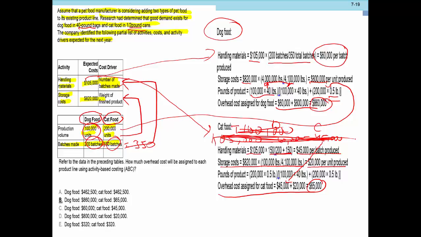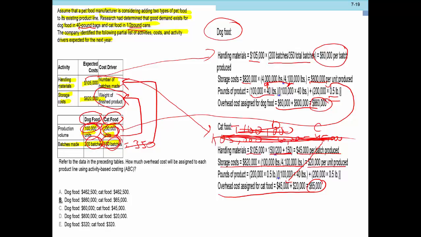Why are we looking for the pounds of product? Because we use the number the problem told us, because we are going to use pounds, aren't we? Our cost driver right here is the pounds of the dog food. But the problem didn't give me the pounds. The problem gave me units right here.